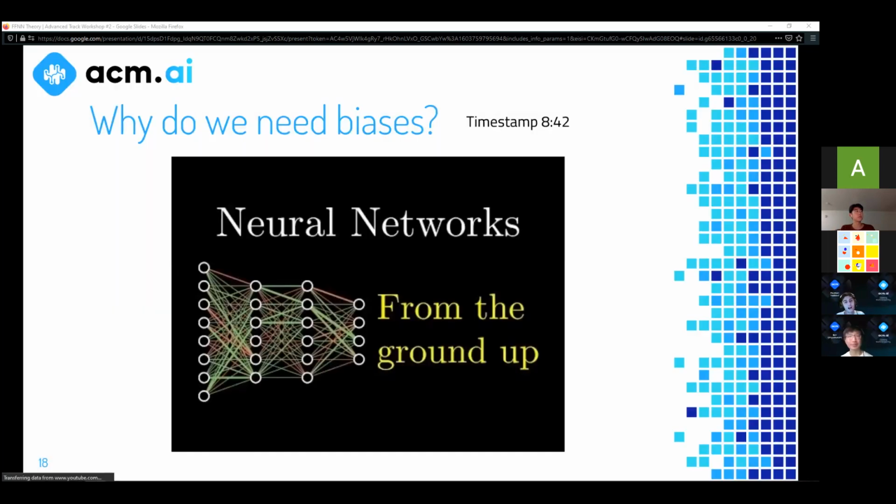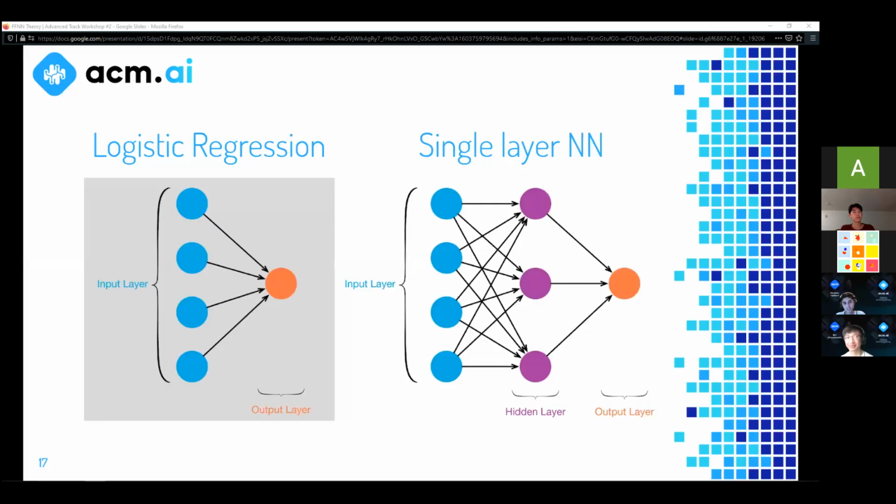We keep hand-wavingly telling you we're stacking a bunch of these logistic regressions without really giving you a good idea of what that means besides this visual. It's going to make a lot of sense when we get to the next few slides, so don't worry if you're not sure what we mean by stacking logistic regressions together.